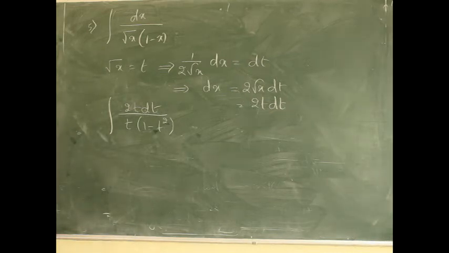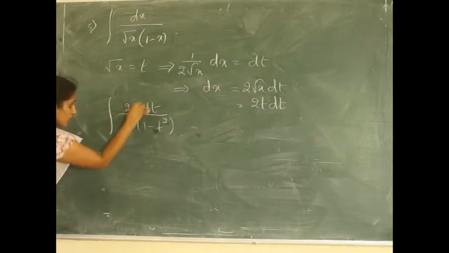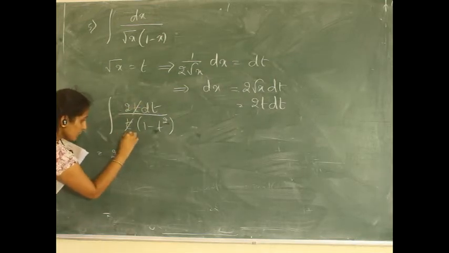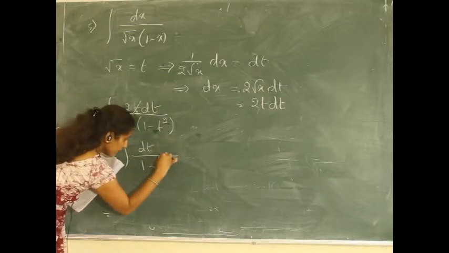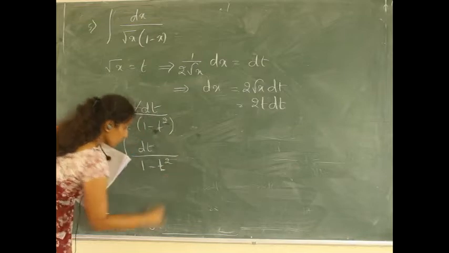So t can be cancelled here, so we will get integral of 2, which is a constant, into dt divided by 1 minus t square.